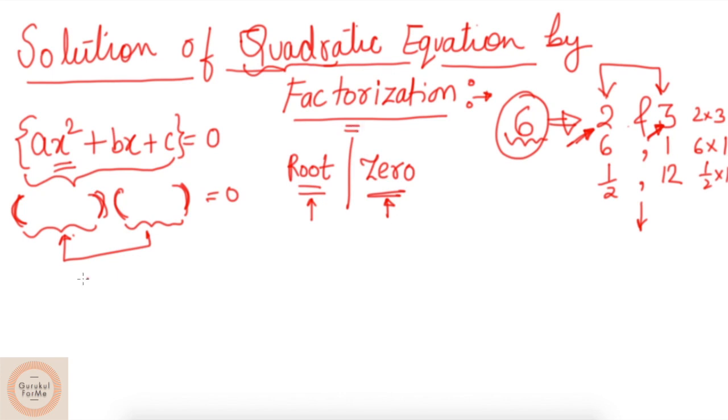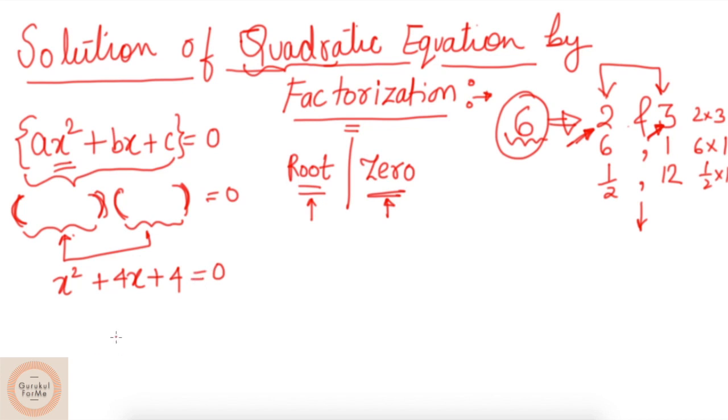So let us take a quadratic equation: x square plus 4x plus 4 is equal to 0.